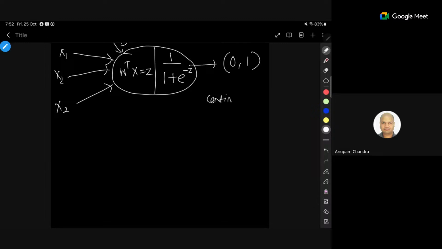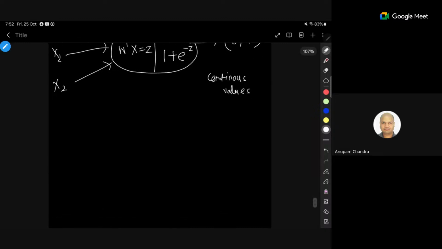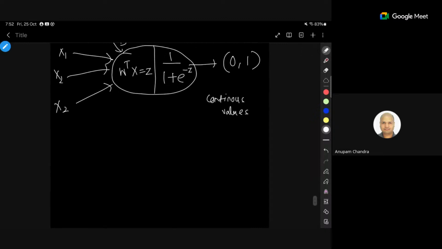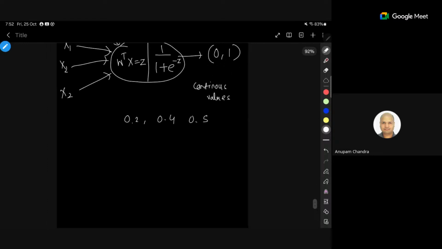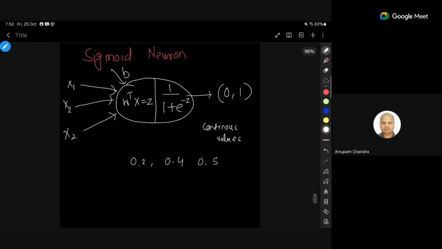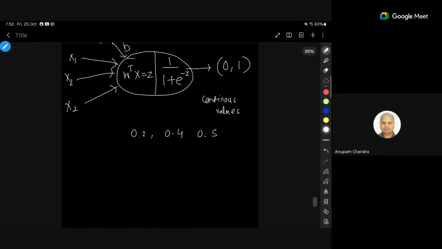This is where you will have continuous values. Earlier we had only Boolean values, either 0 or 1. Now you can have 0.2, 0.4, 0.5, anything in between 0 and 1. So this is a sigmoid neuron.